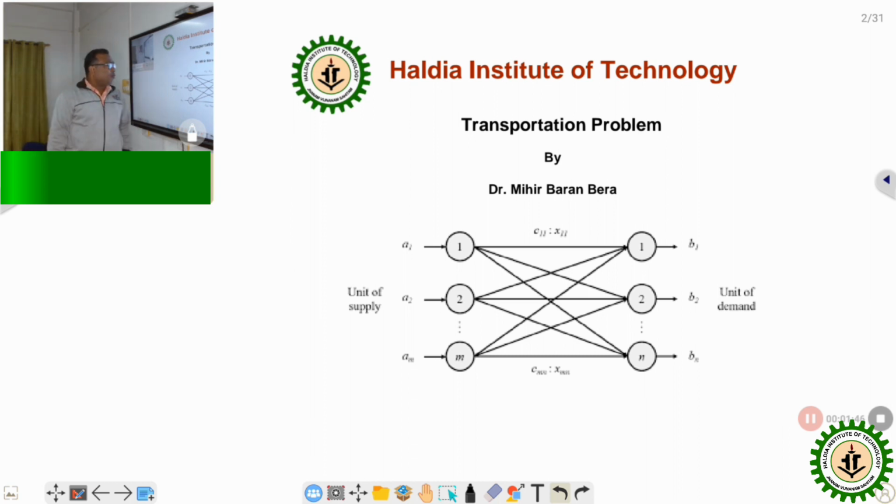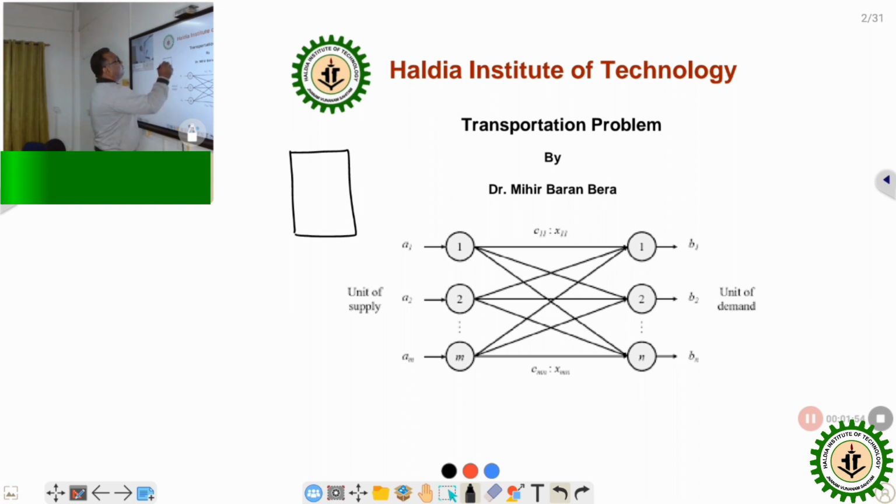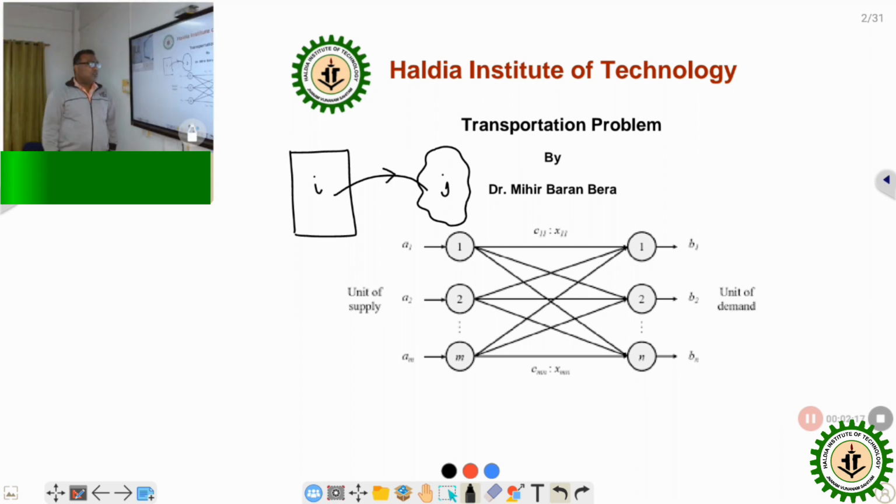So in the transportation problem, there is some origin, and this is our destination. Now, this is our ith origin and this is our jth destination. From the ith origin to the jth destination, if you want to transport 1 unit of any material, the cost needed is defined as Cij.